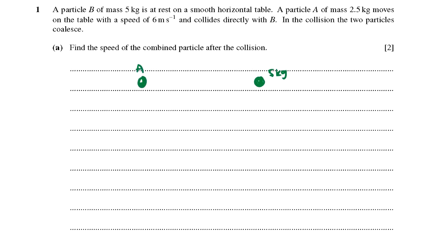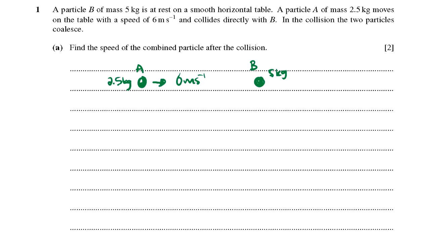So this is A, this is B. It's moving at 6 meters per second, and it collides directly with B. When they collide, the particles coalesce, and we need to find the speed of the combined particles after collision.